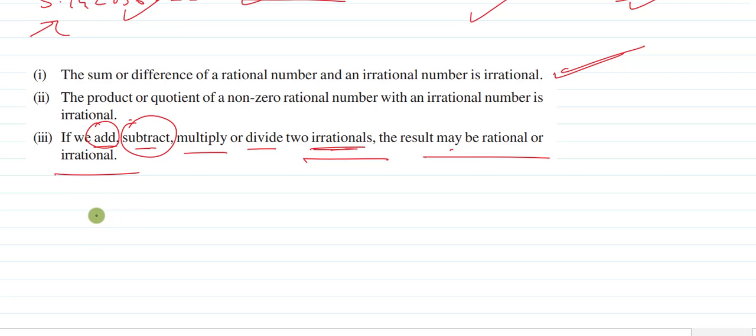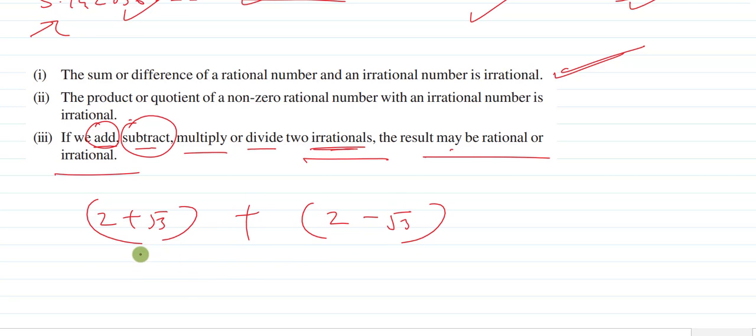Let's take an example. 2 plus root 3 we have seen, and 2 minus root 3 is there. If you are adding, this is an irrational number, because a rational number plus an irrational number will be an irrational number. Addition and subtraction of a rational number and an irrational number will be irrational.